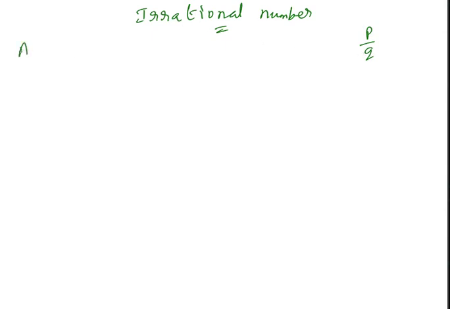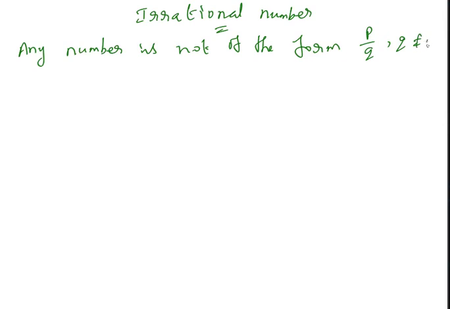So any number that is not of the form p by q, with q not equal to 0 and p and q co-prime, is called an irrational number.